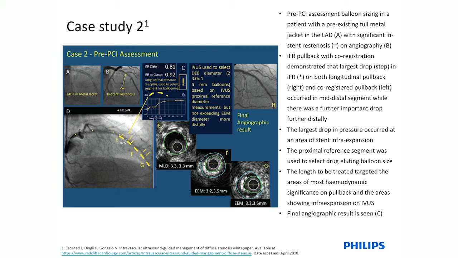So you have to concentrate on this particular segment. So this is an example that wanted to illustrate how you can have a synergy between intracoronary physiology, in this case through iFR pullback, and the nature of stent failure that you are addressing and that is causing this long diffuse stenosis.